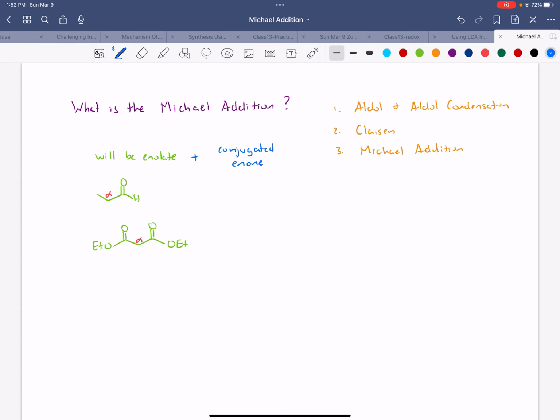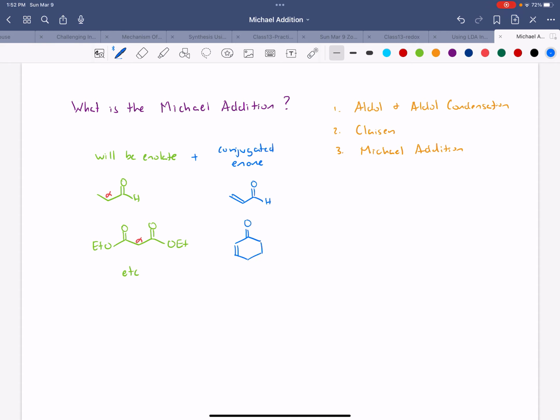So stuff like, and I just put here, etc. Okay, stuff like this. The simplest would be this molecule here. See if you could spot a pattern. That's one conjugated enone. Another possibility could be this.